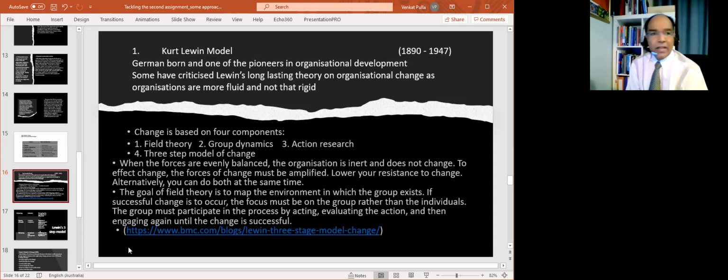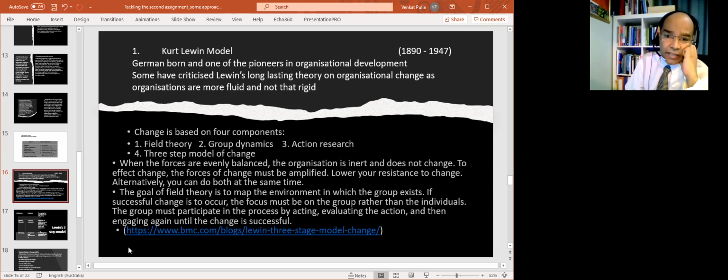When the forces are evenly balanced, the organization is in inertia and does not change. To effect change, the force of change must be amplified. You need to talk about it. You need to advertise that. Then only you'll be able to reduce the change or manage the resistance to change.